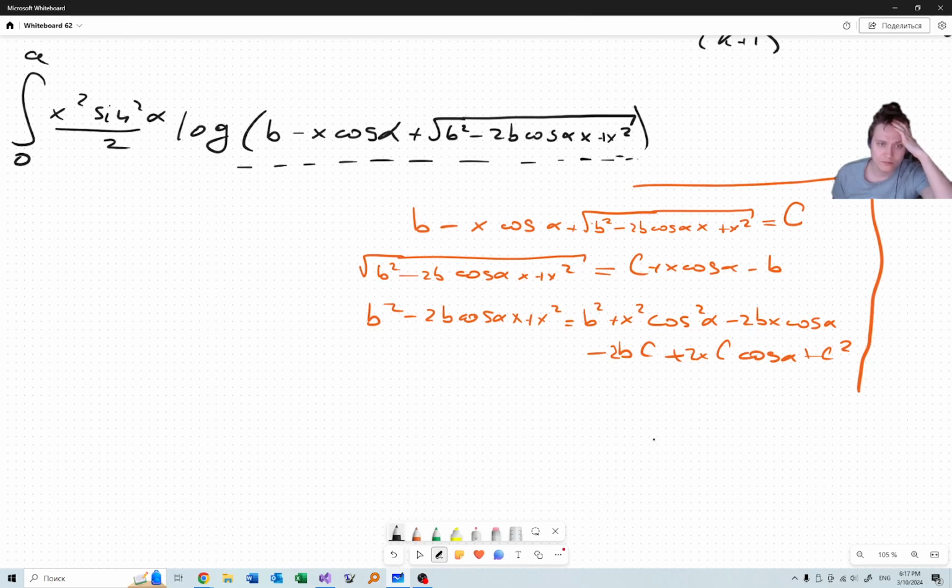Okay, now we remove b squared, and actually we also remove 2b cos alpha x. But we don't remove x squared.